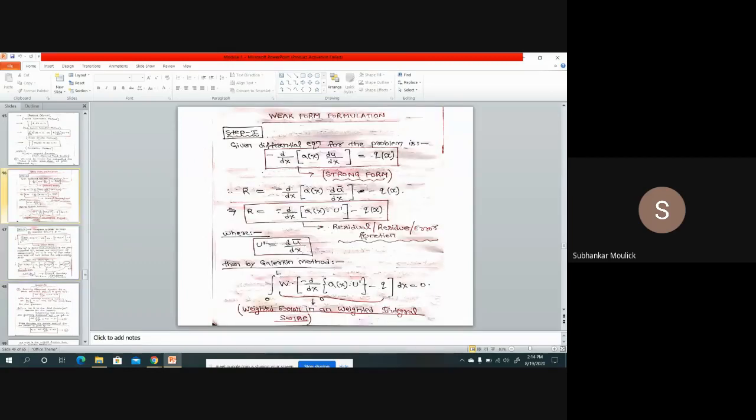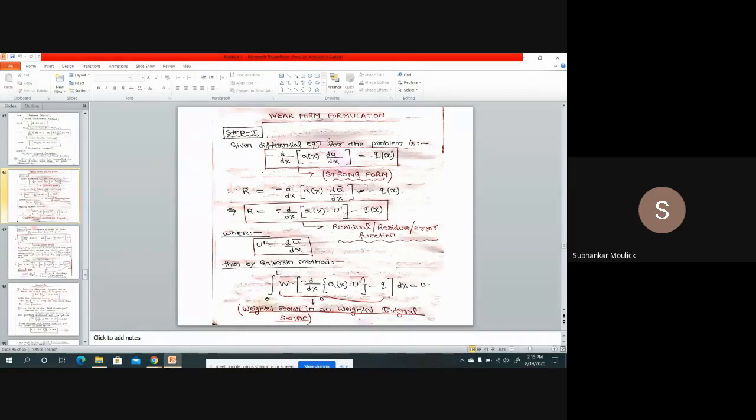I told you what your weak form is. Your weak form is where you have to weaken the differentiation order of the variable. Here my variable is u and the differentiation order is 2, because when you multiply this d by dx with this term, it will be d2u over dx square.